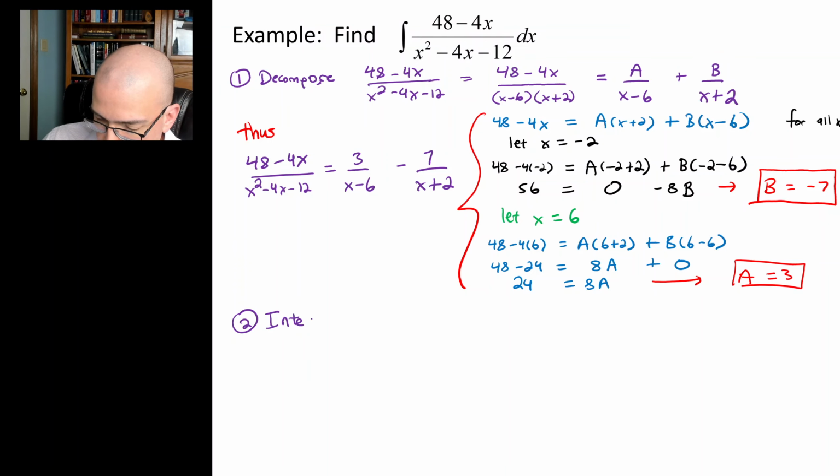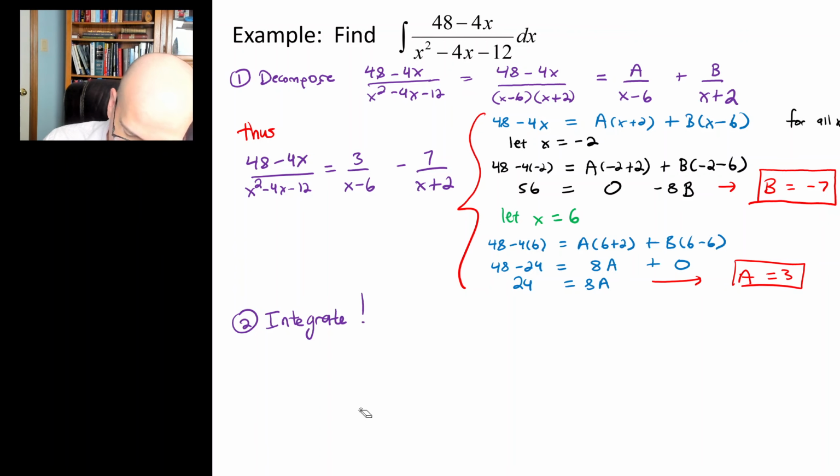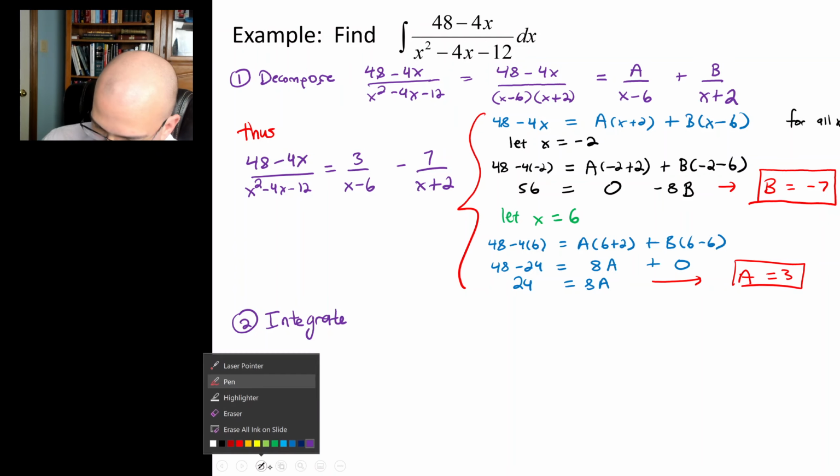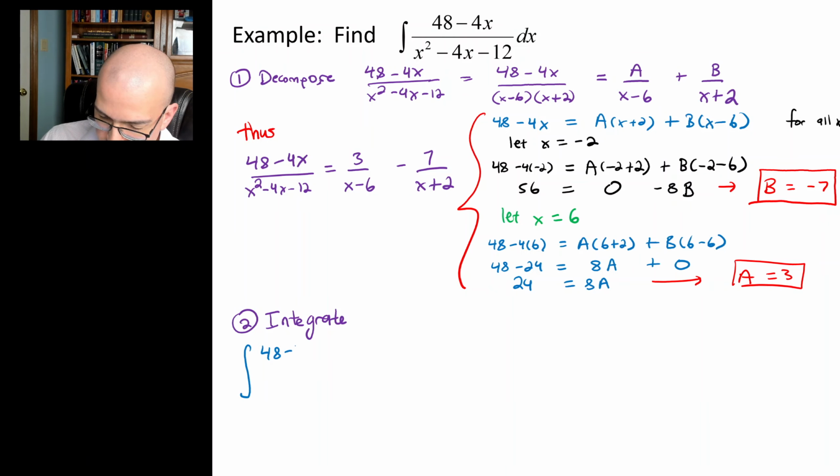Integrate. So integral of 48 minus 4x over x squared minus 4x minus 12.